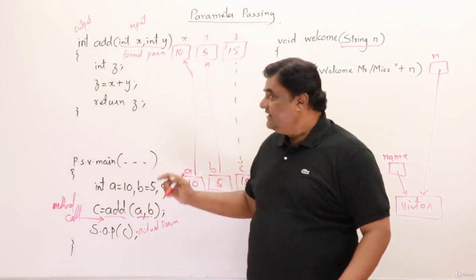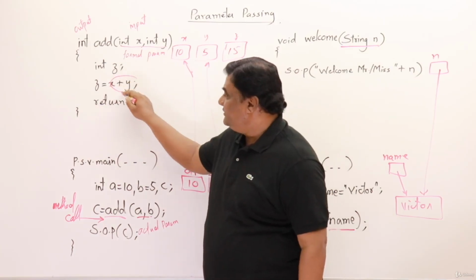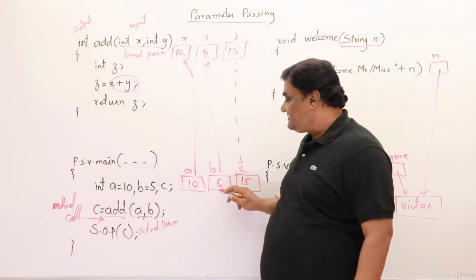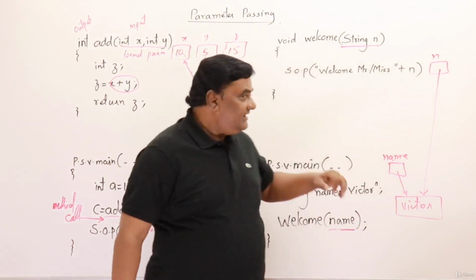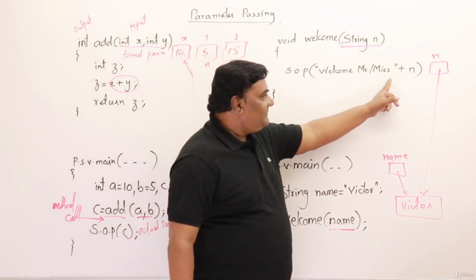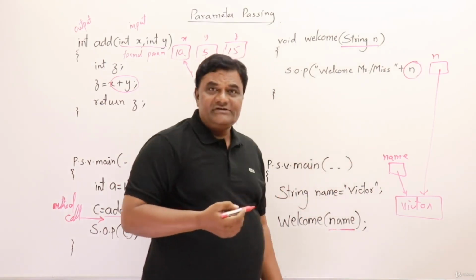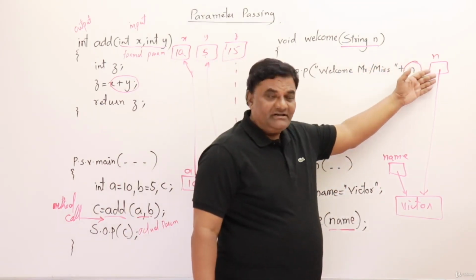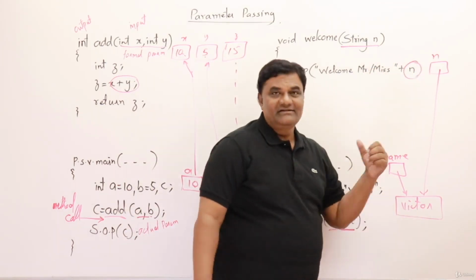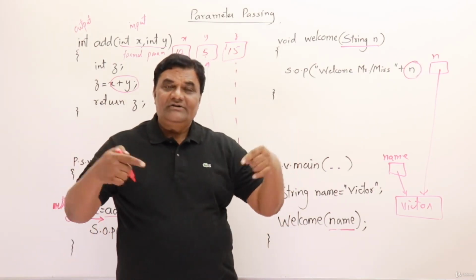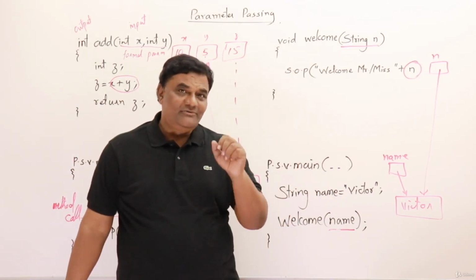So here if you see, when this is adding two values, which values is it adding? These two values, not these, not these. But here if you see, when it is printing a message and it is using n, which object is it using? It is not having its own object. It is using the same object. So the object remains a single copy only, but there are two references holding that same object.